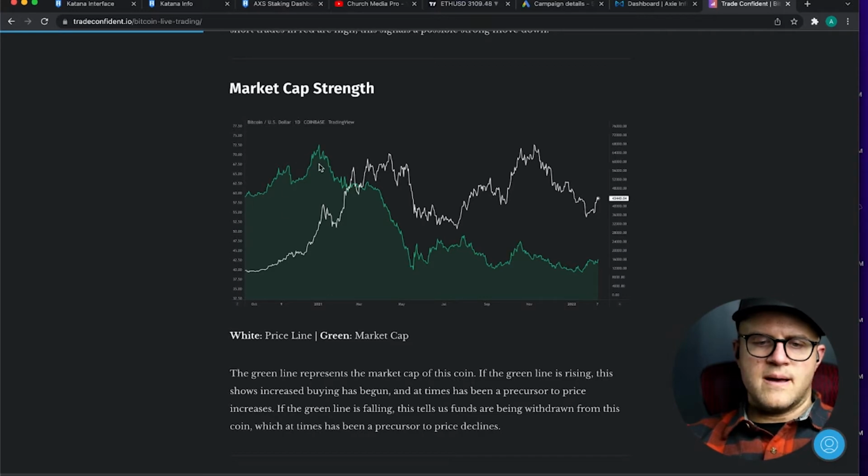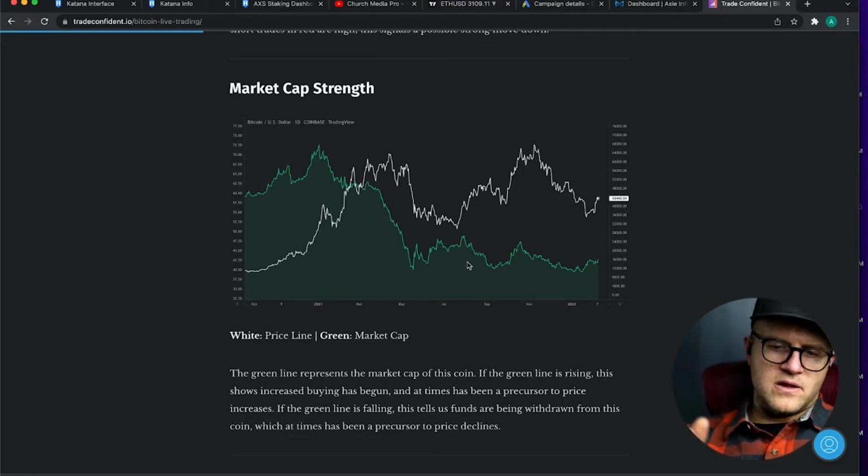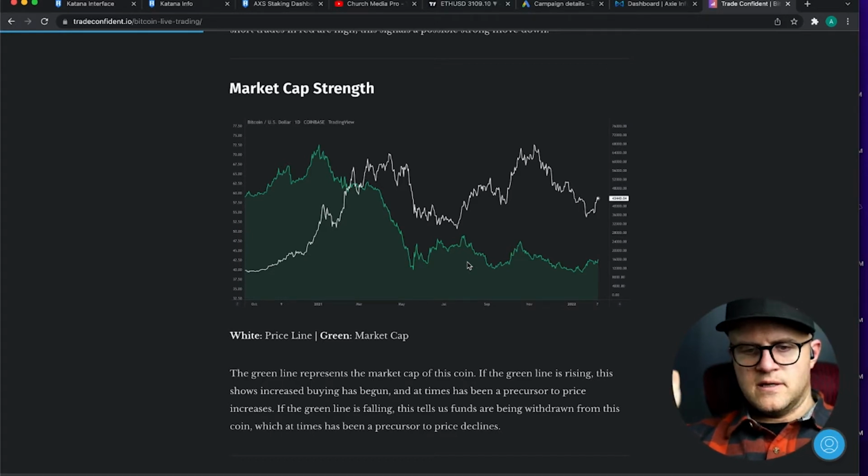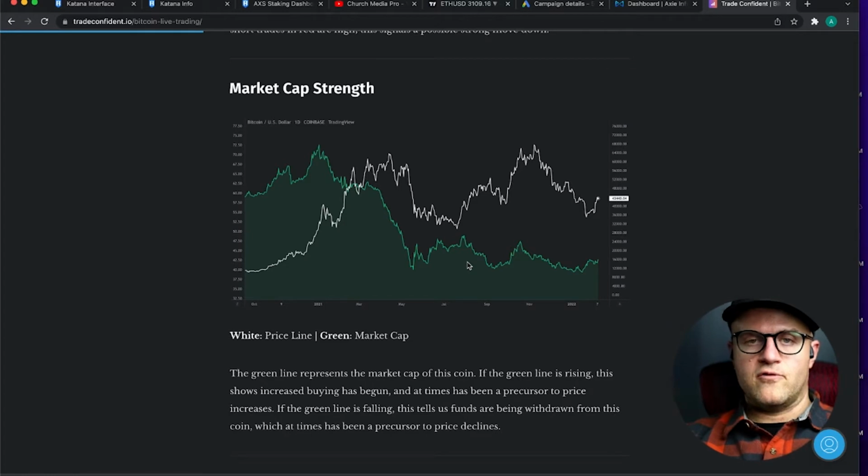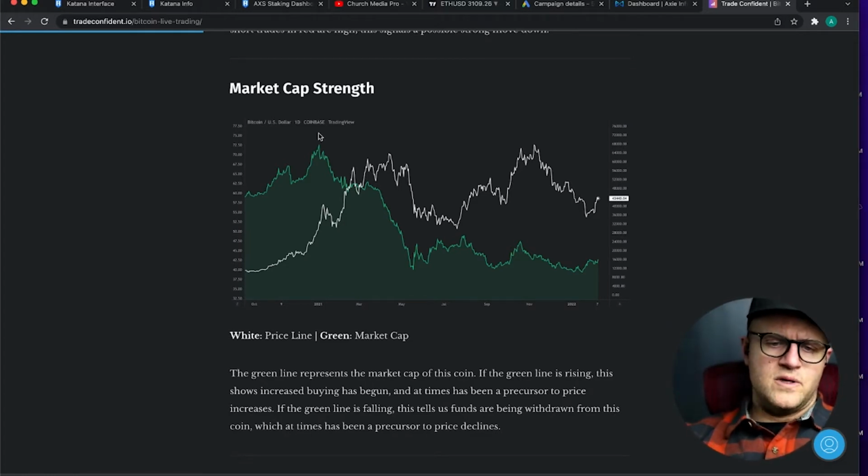So when it's going up, like right here was when you started seeing the market cap of Bitcoin go lower in relation to other coins. In particular, you start seeing the market cap of stable coins start going up when you get to the peak here.